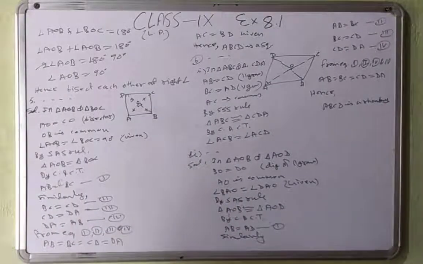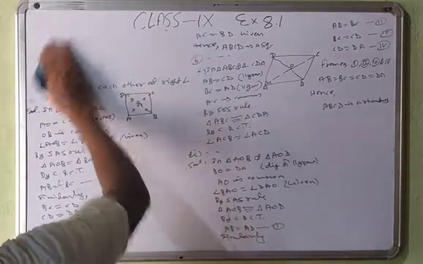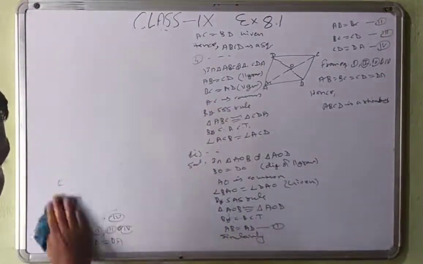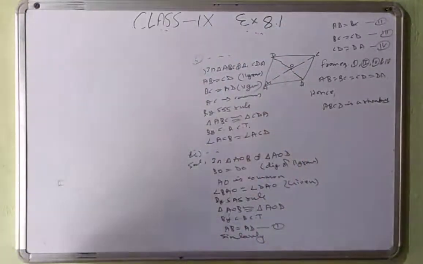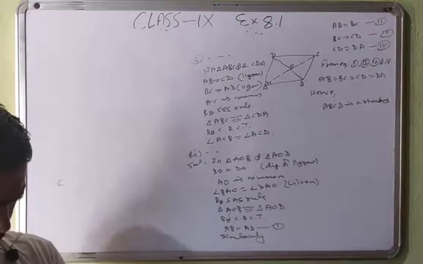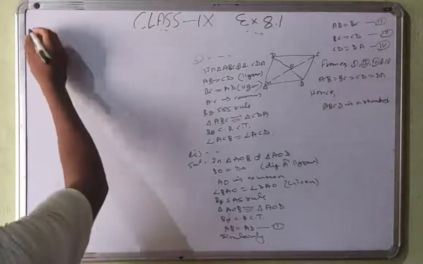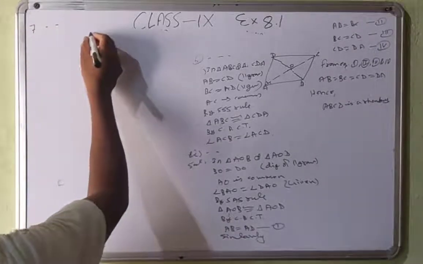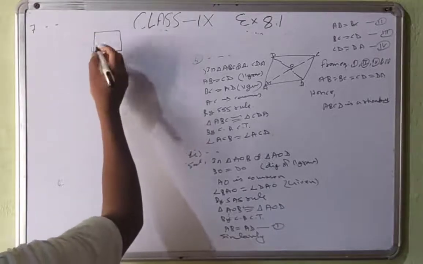Now the question number 7: ABCD is a rhombus, prove that diagonal AC bisects angle A as well as angle C, and diagonal BD bisects angle B as well as angle D. Rhombus means all sides are equal.